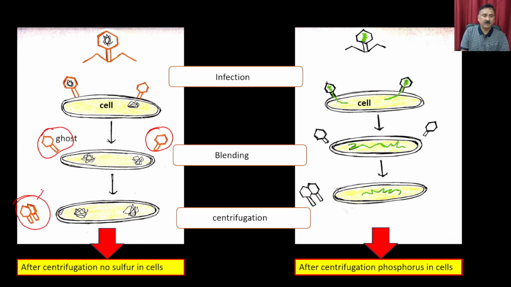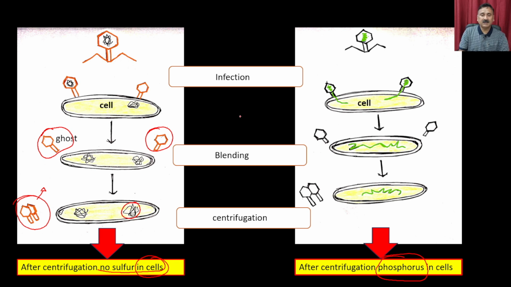The radio-labeled protein remained outside, whereas the radio-labeled DNA remained inside. That's why there was no sulfur associated with the bacterial cell, whereas all the DNA was present inside, and after centrifugation the radioactivity was associated with the bacteria.